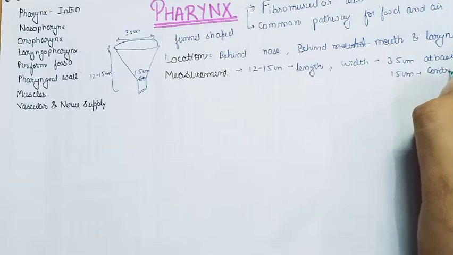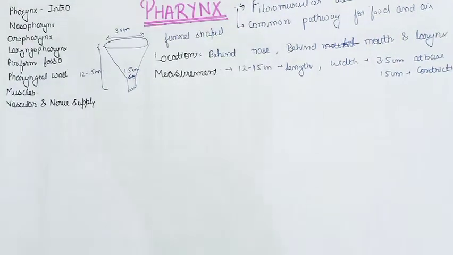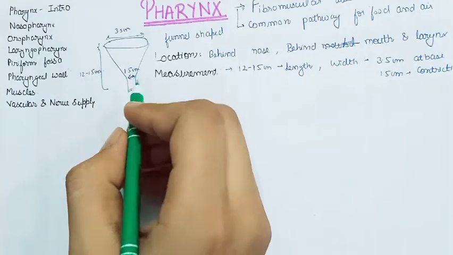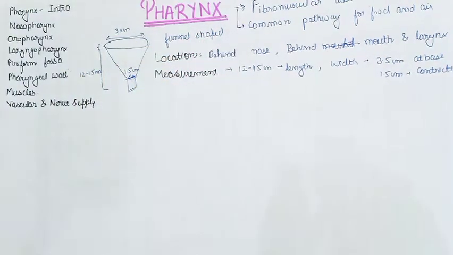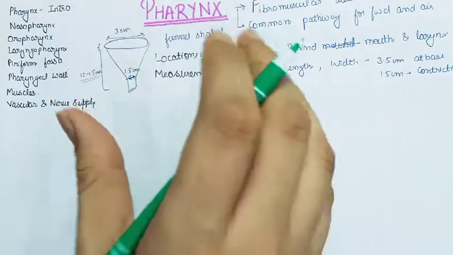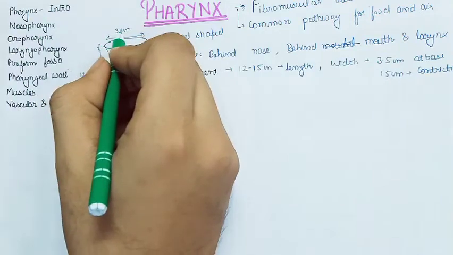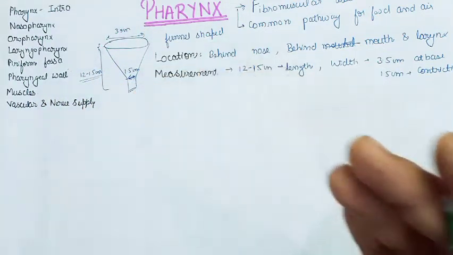So what is this constriction? It is nothing else but the pharyngoesophageal constriction. Here the pharynx ends and the esophagus continues. So the pharynx is about 12 to 15 centimeters in length and its width varies from 3.5 centimeters at the base to 1.5 centimeters at the pharyngoesophageal constriction.